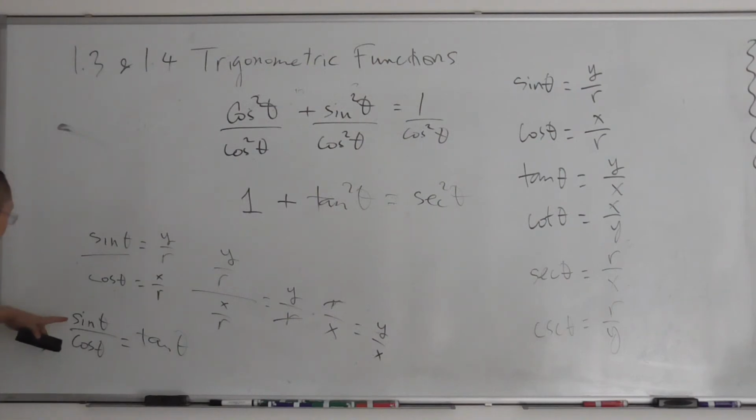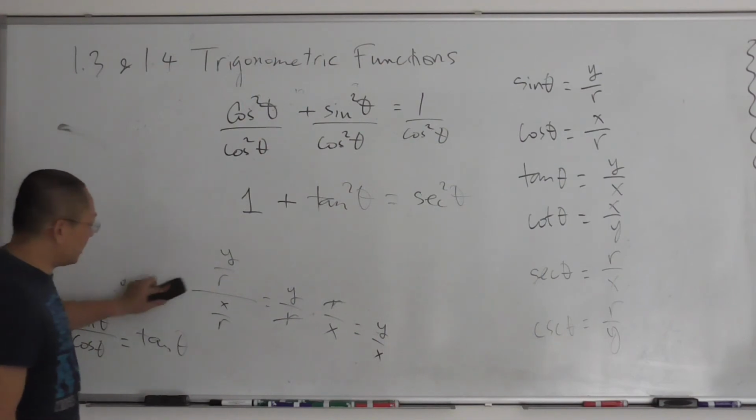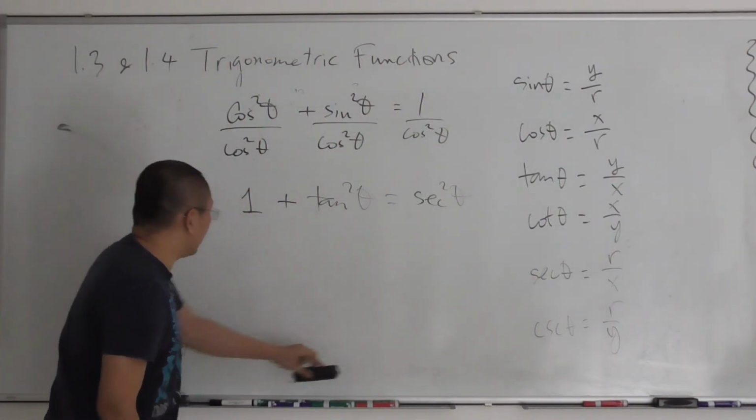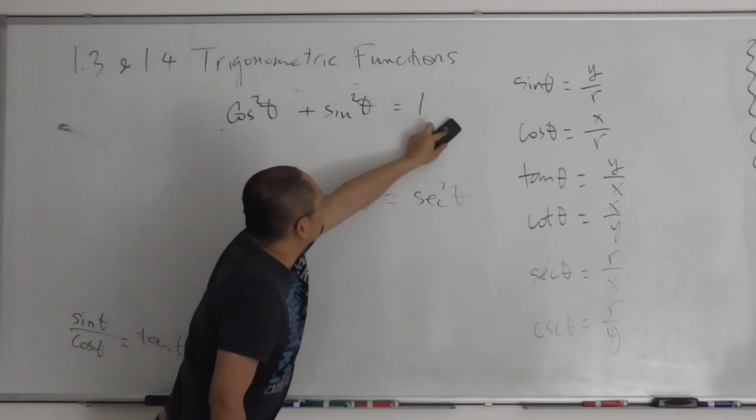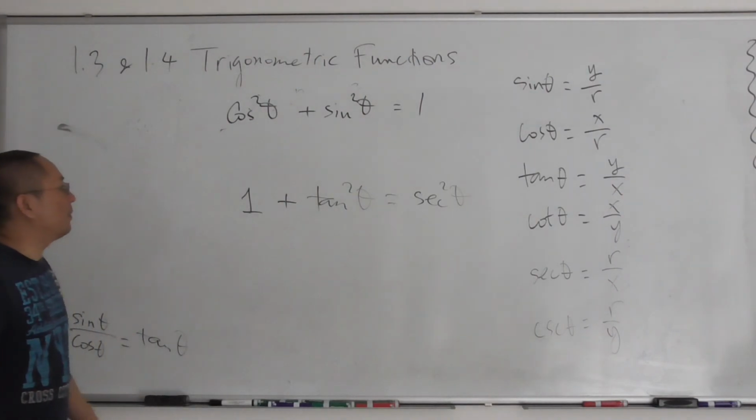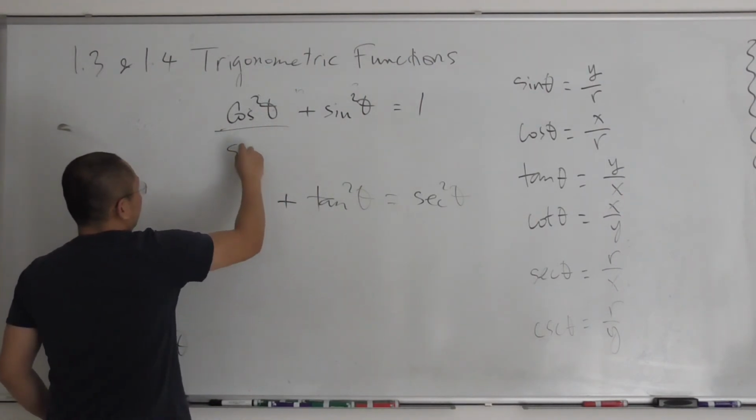If sine over cosine is tangent, the reciprocal of this is going to be cosine over sine, and guess what? It's going to be cotangent. We're going to have another formula. By similarity, what if I divide both sides by sine squared?